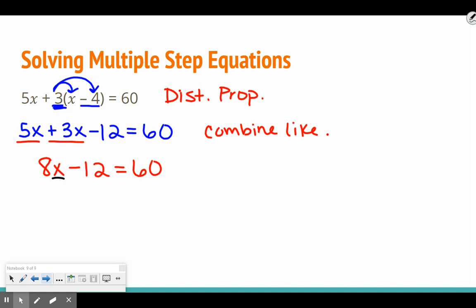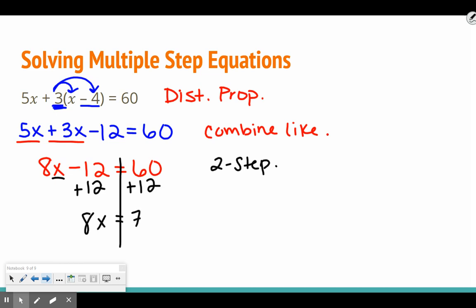So I'm going to go into my two-step equation. I'm going to add 12, so I get 8x is equal to 72. And when I divide 72 by 8, I get x is equal to 9. Again, this would be a great one to have in your notes, so take a minute and write it down.